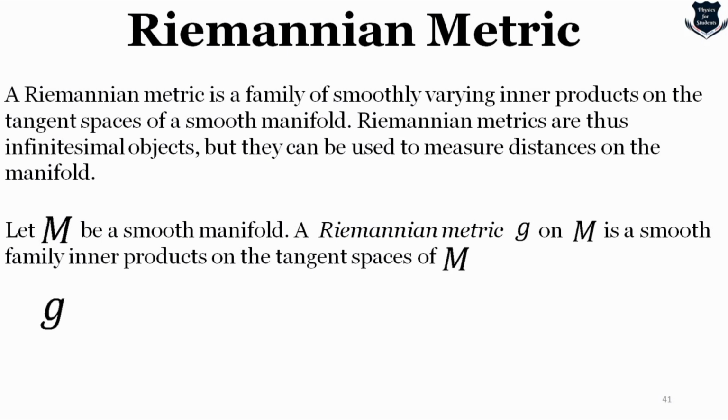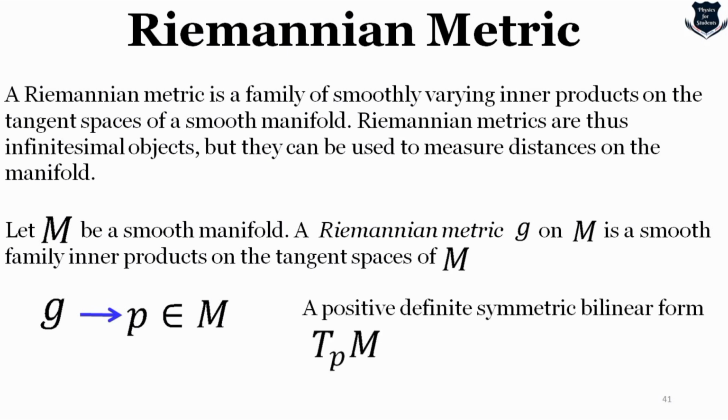So this G, which is what we call the Riemannian metric, actually associates to each point P in M, each and every point, say P or X, a member of the tangent space of M. And this is positive definite because it is symmetric and a bilinear form. So actually a Riemannian metric makes it possible to define various geometric notions on a Riemannian manifold, such as angles, lengths of curves, areas, curvature, gradients of functions, divergence, anything.